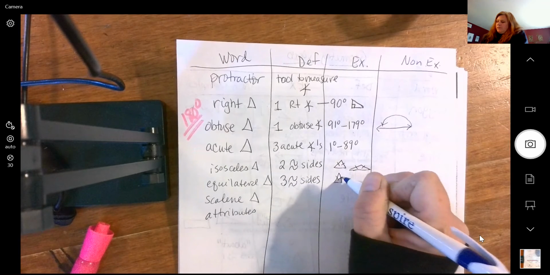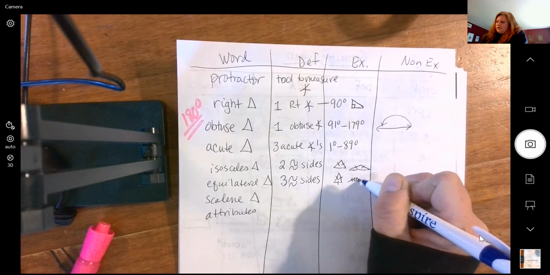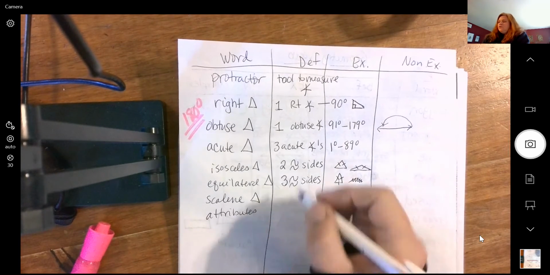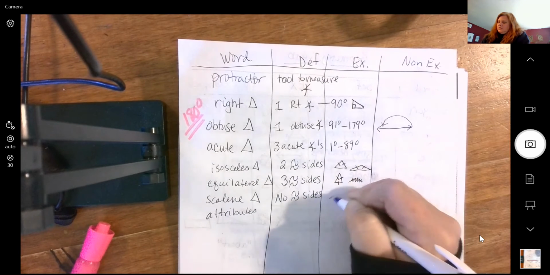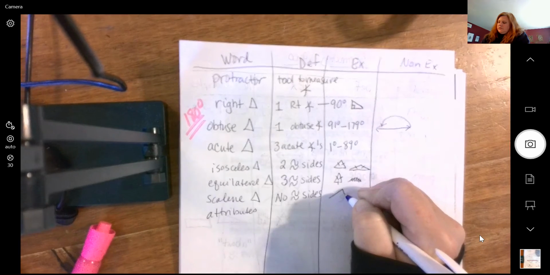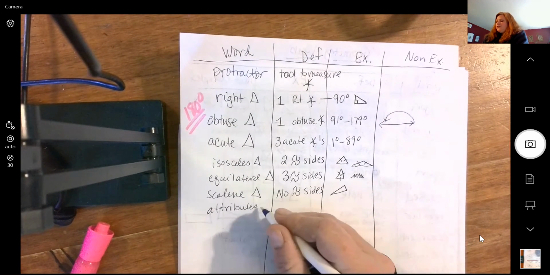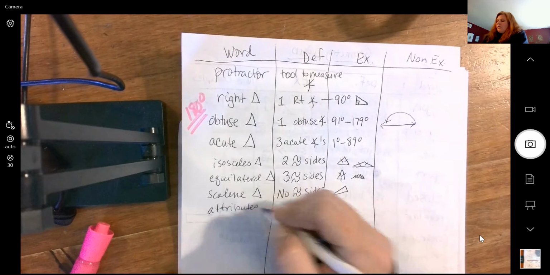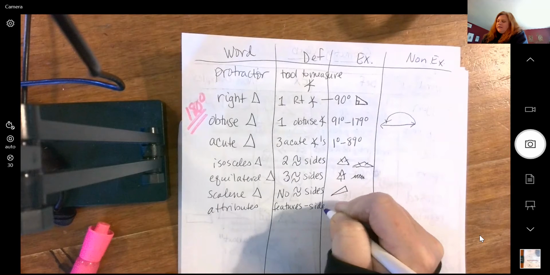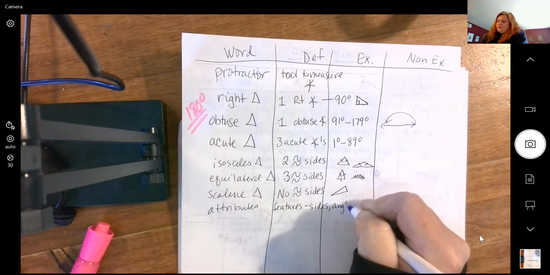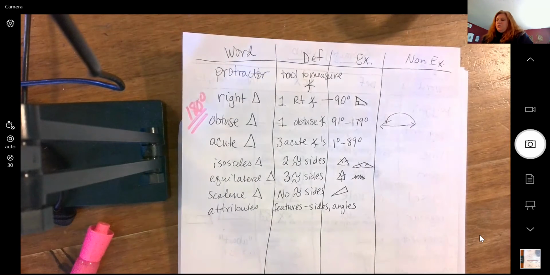That one didn't look very good, but it's supposed to be equal. A scalene triangle has no congruent sides. And attributes is just a fancy geometry word for the features. Usually that's the sides, the angles, anything used to describe the shape. They're going to call it attributes.